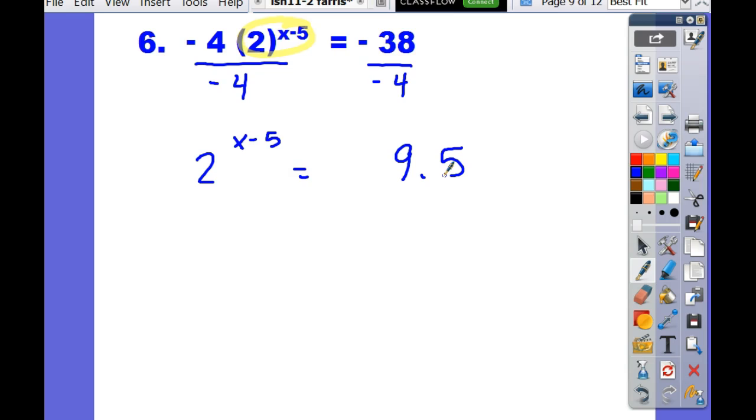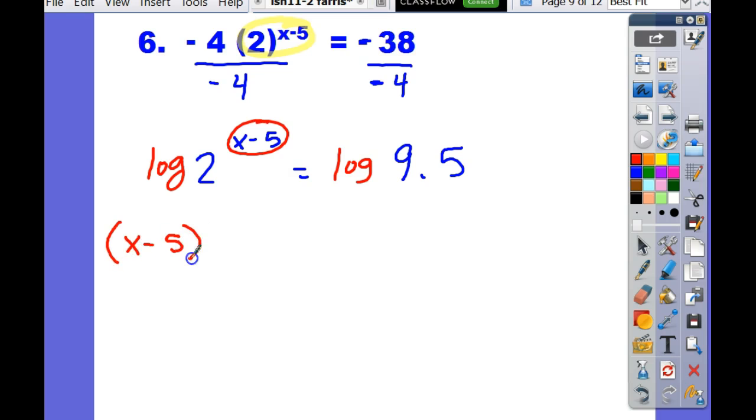Over here. Negative divided by a negative cancels out and makes positive. Take the log of both sides. The reason you take the log of both sides is so that this can come out in front using the power rule, and now it's not an exponent anymore.